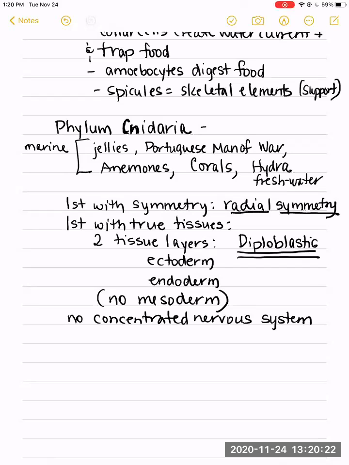And because they only have two tissue layers, they have no true organs. Again, they can't build that complexity with just those two tissue layers. They only have one opening, and that opening goes into what's called the gastrovascular cavity.